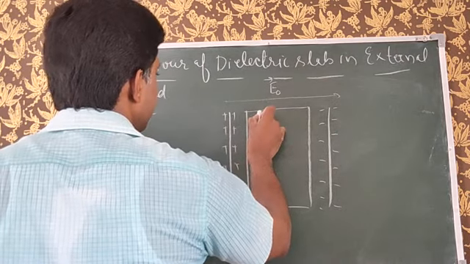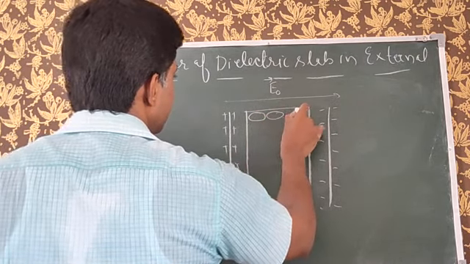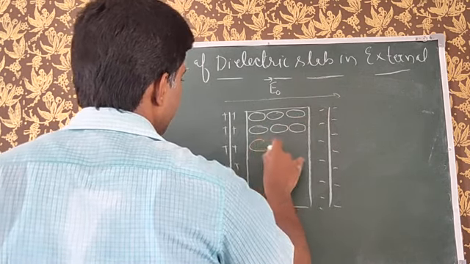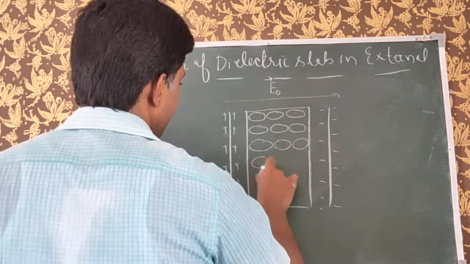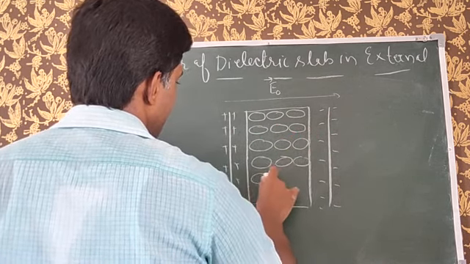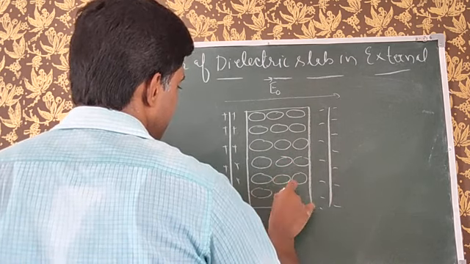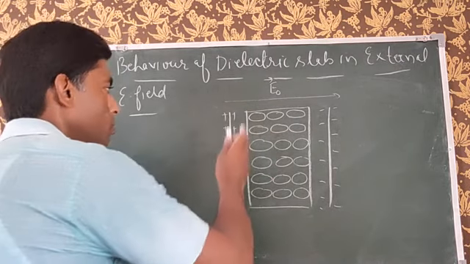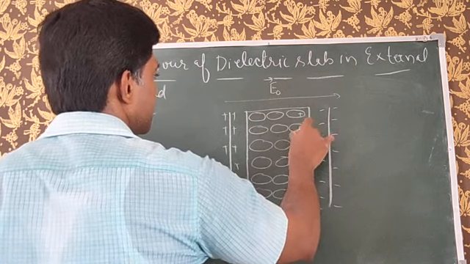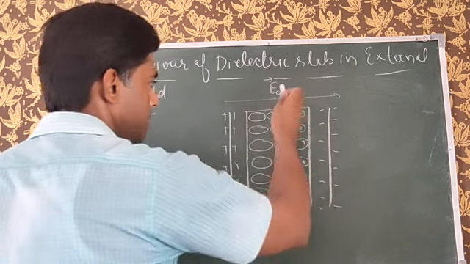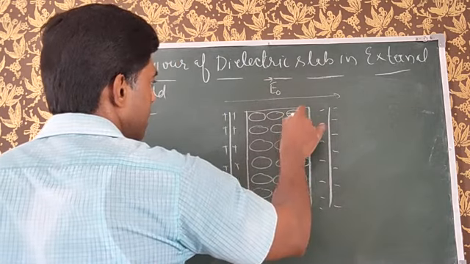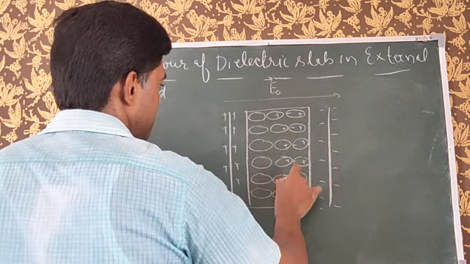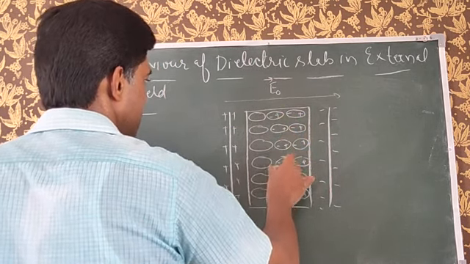As a result, atoms or molecules become polarized. They get stretched because their positive and negative charges are pulled by the external electric field. So the whole positive charge gathers toward the negative plate, and the whole negative charge gathers toward the positive plate.